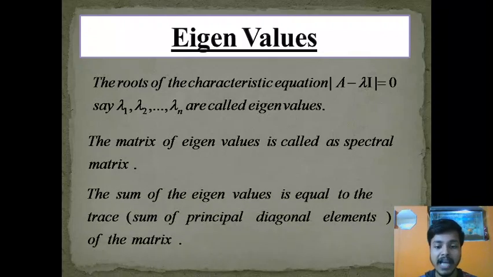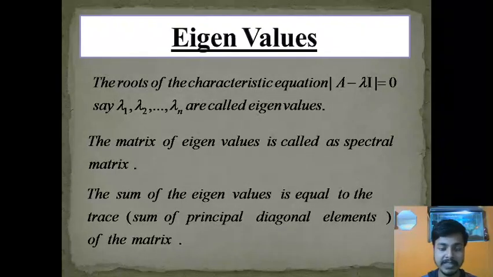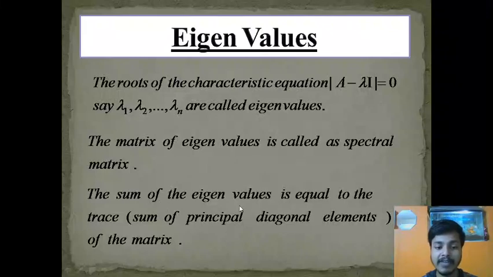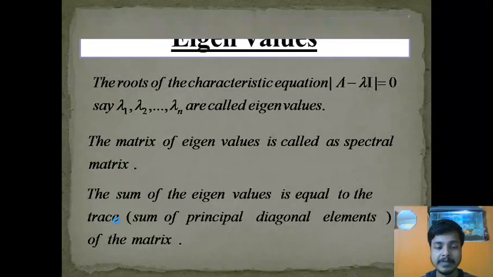The sum of the eigenvalues is equal to the trace, the sum of the principal diagonal elements of the matrix. Suppose you have a matrix of order 2 by 2. How many eigenvalues? 2 eigenvalues. Take the sum of those 2 eigenvalues. That sum is the same as the sum of the diagonal elements, namely the trace.